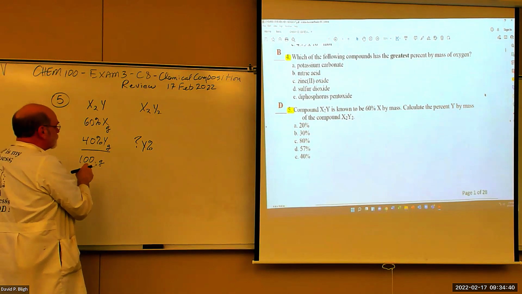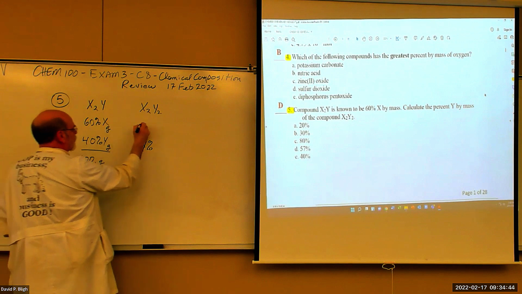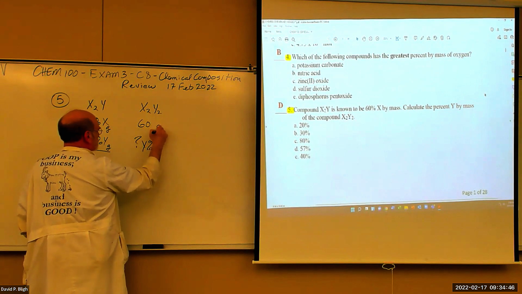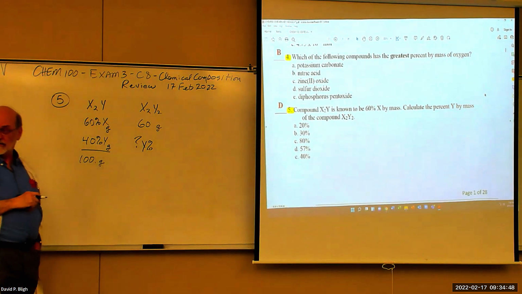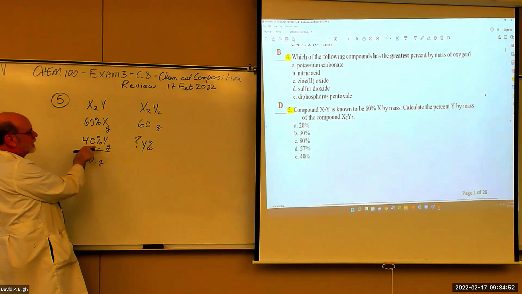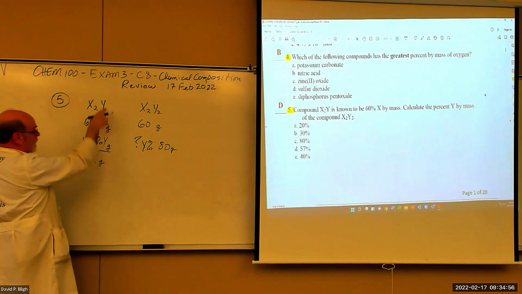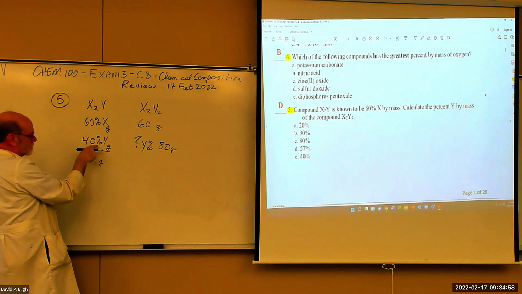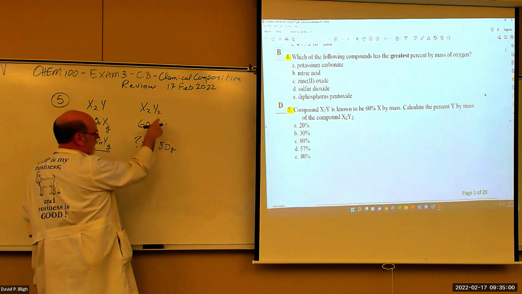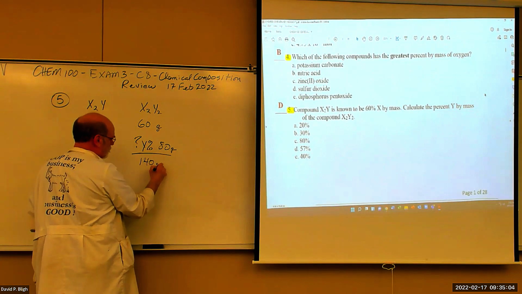So, if we take the same two X's and put them over here, 60 grams, and then we take 40 grams here and double it, right? 80 grams. One Y represents 40 grams, and two Y's represent 80 grams. Now we have 140 grams total.